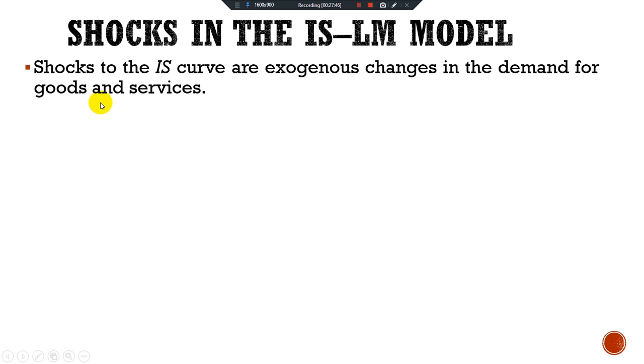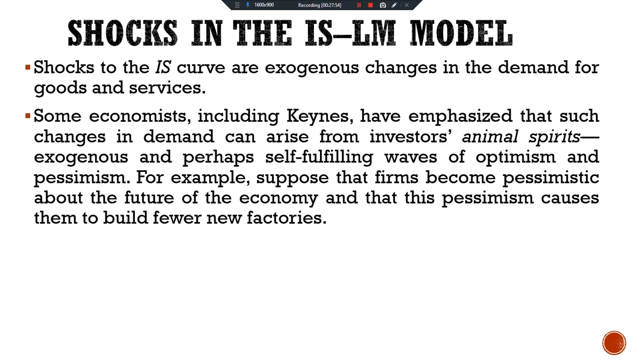Shocks to the IS curve are exogenous changes in the demand for goods and services. Some economists, including Keynes, have emphasized that such changes in demand can arise from investors' animal spirits, exogenous and perhaps self-fulfilling waves of optimism and pessimism. For example, suppose that firms become pessimistic about the future of the economy and that this pessimism causes them to build fewer new factories.